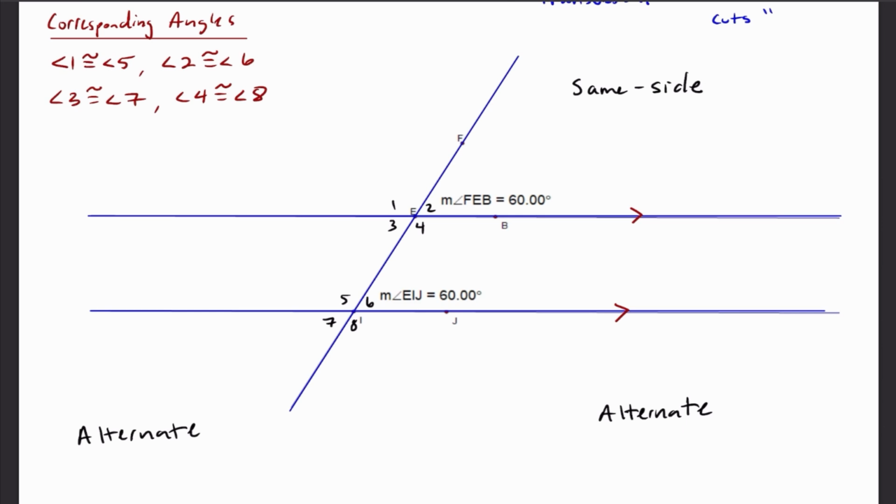That would be exterior. So angles 1, 2, 7, and 8 are exterior angles. But what about angles 3, 4, 5, and 6? Well, those angles are inside of the parallel lines, so they are called interior angles.